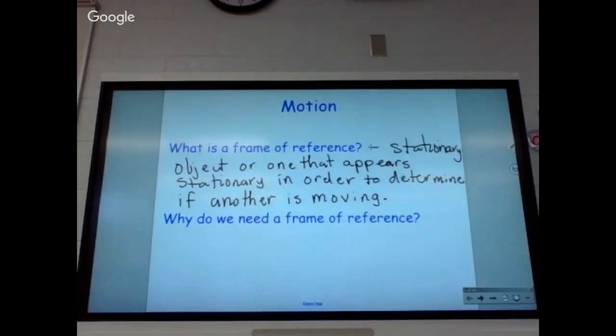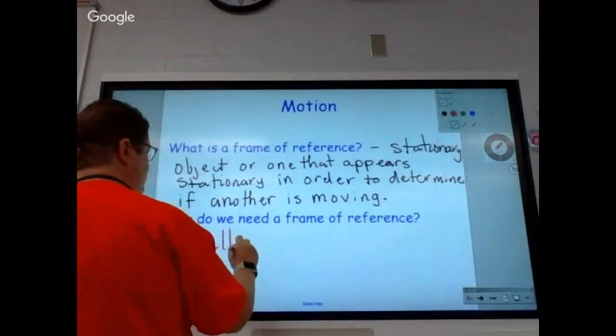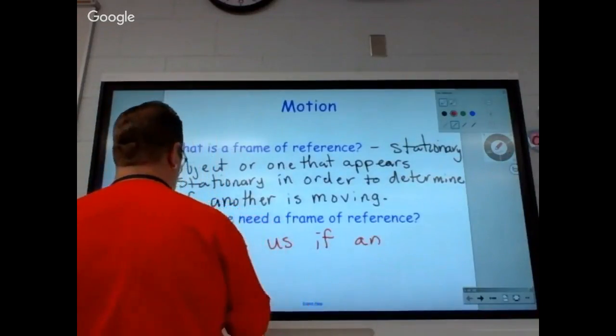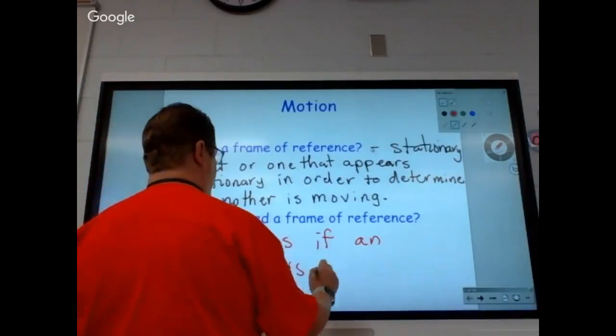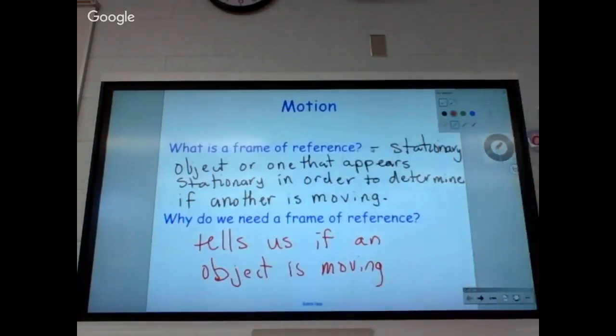In order to determine if an object is moving. Do I appear to be moving? Yes. Okay? Then that means there has to be something in here that's not moving.